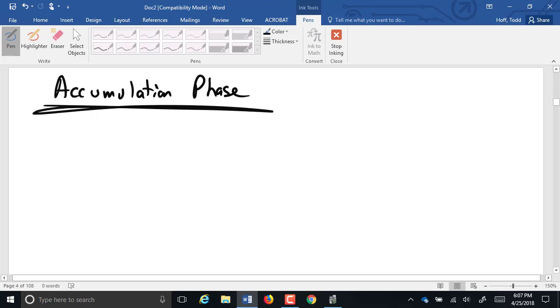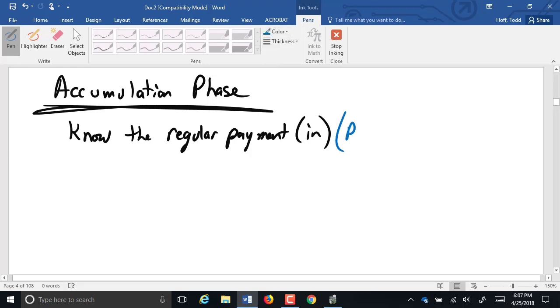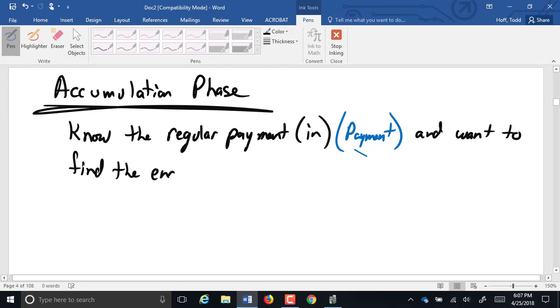So we are going to start out with, if you know the regular payment in, that regular payment we're going to refer to as just the payment, and want to find the ending balance.